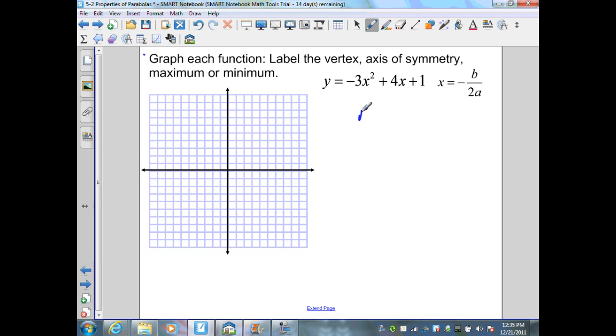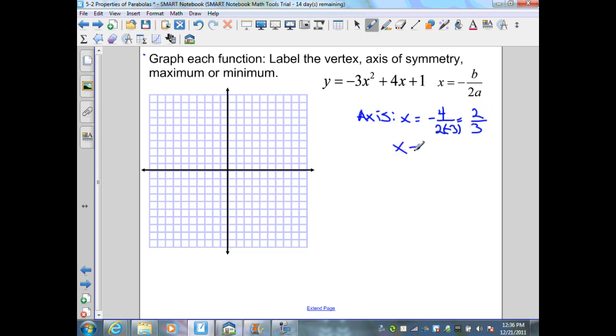We need the axis of symmetry, represented by this equation. Therefore, x is equal to a negative b, which is 4, over 2a, which is a negative 3. That gives me 4 over a negative 6, but a negative and a negative is a positive, and 4 over 6, when you simplify, is going to be 2/3.